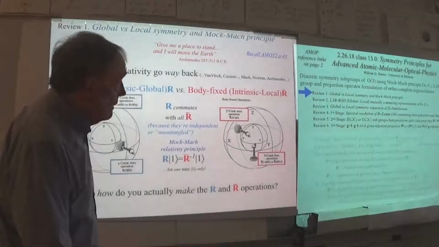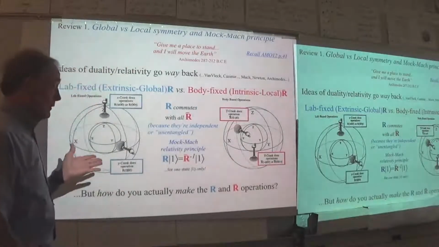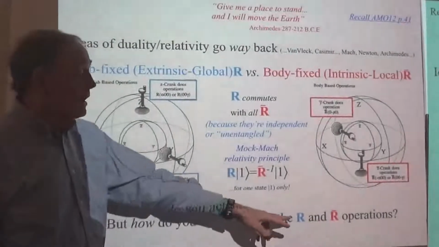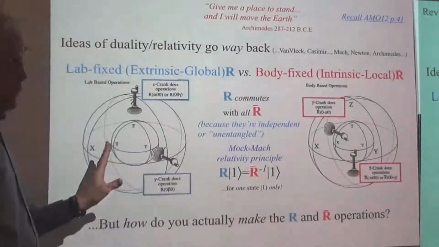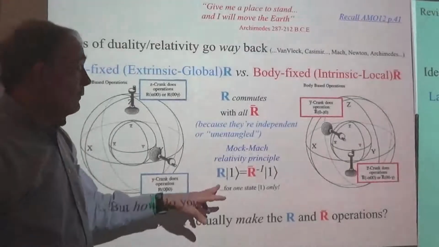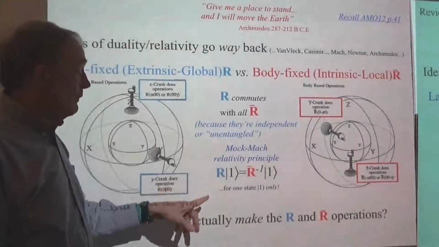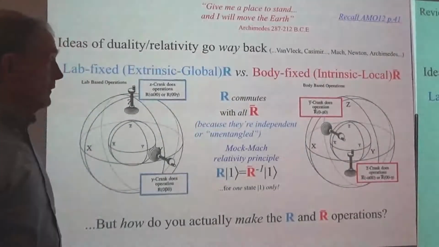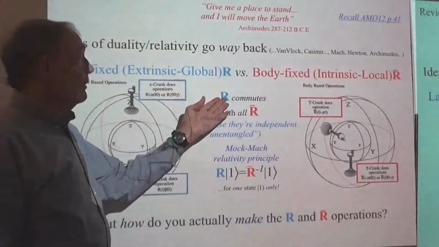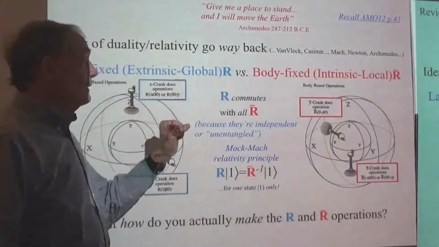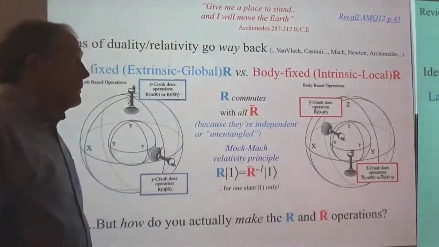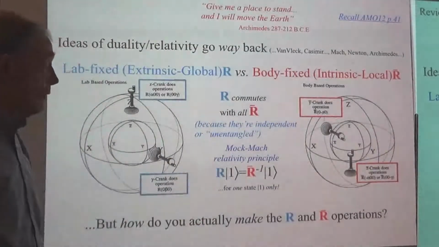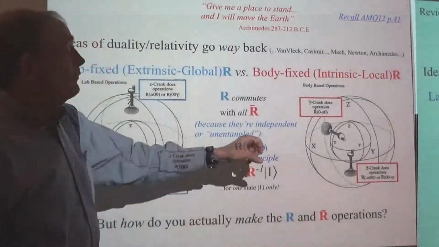So let's just go ahead here with a reminder, and I already have one slide up there that shows this. Today I would really like to show you in a very precise way, and we did see how to actually make operators for the same group that was a non-commutative group, but each of them commuted with each other. This is the key thing about this external or global symmetry operator, and this operator essentially does the same thing if you follow this equation, except for an inverse from the inside.